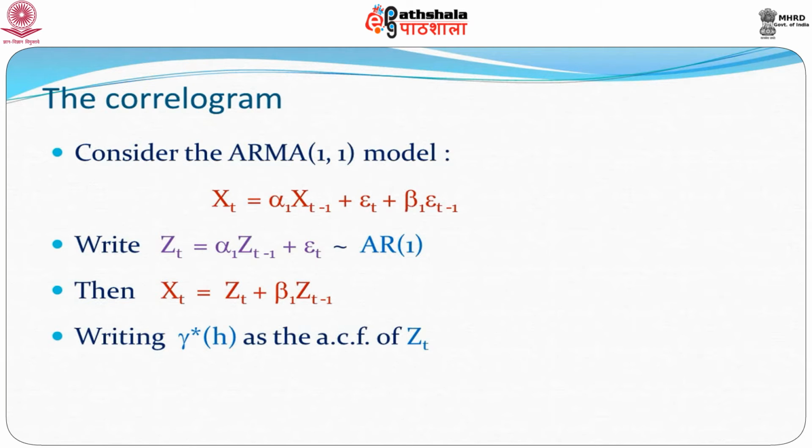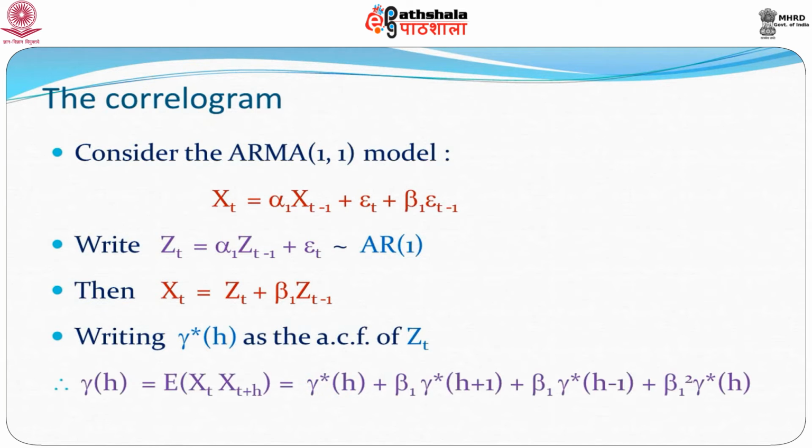Now, we can write gamma h, which is the expectation of x t plus h times x t, since x t has 0 mean.